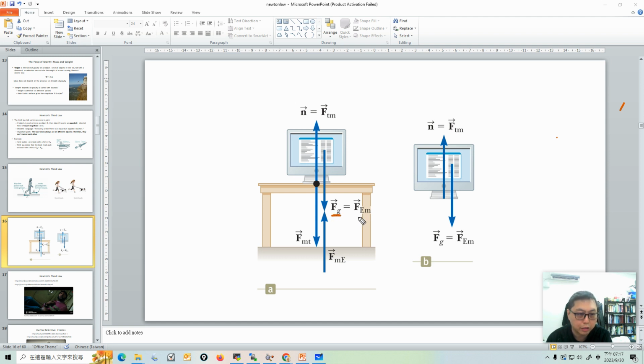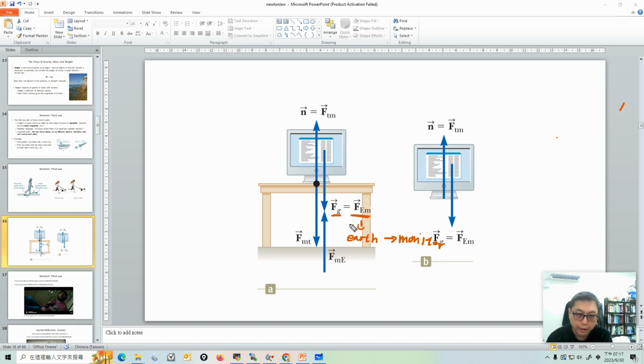The weight is the force of the Earth exerted on your monitor. That's why it's written F_EM, which means the Earth exerts a force on the monitor.